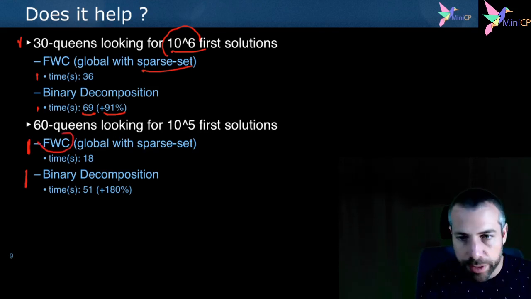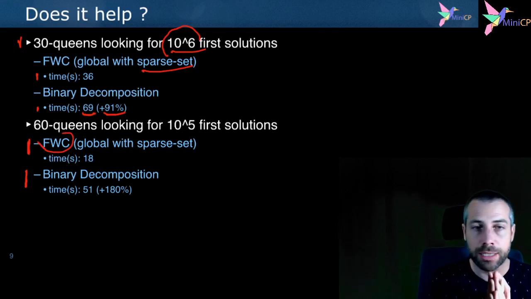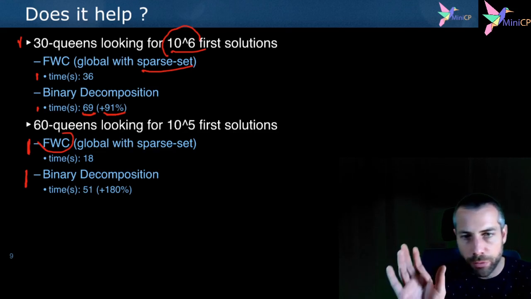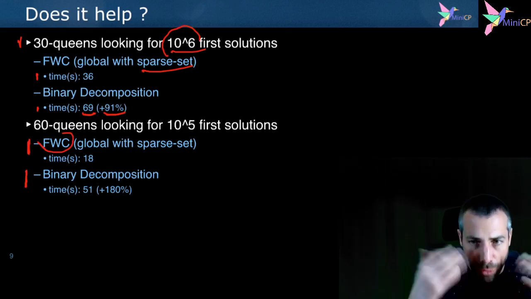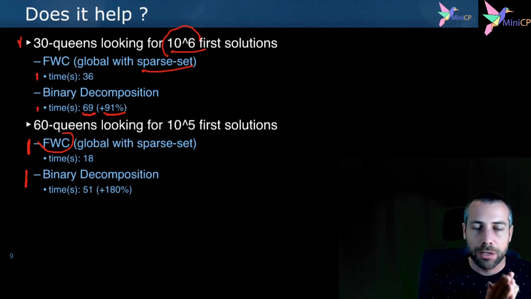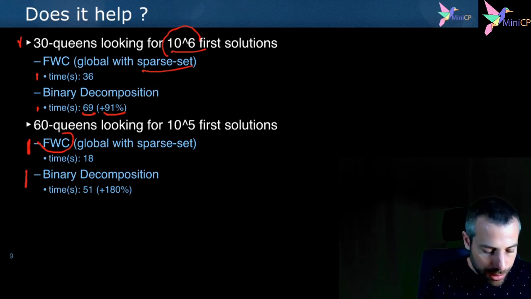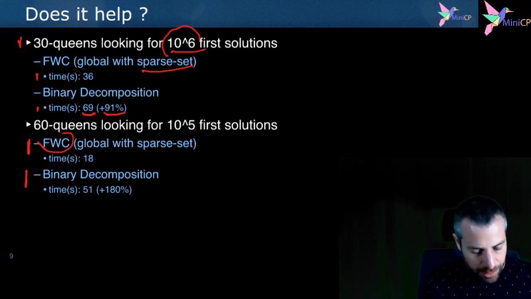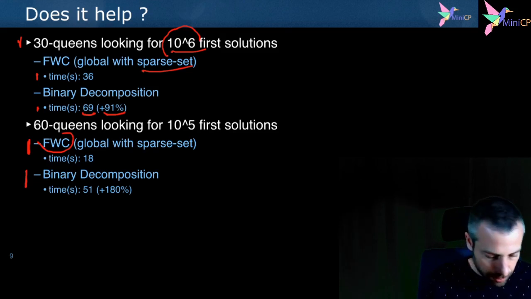Again, we don't have more filtering than with the decomposition, but by considering it globally and splitting the variables between bound and unbound to make it more incremental, instead of scanning all the n variables every time the propagate method is called, the speedup is larger and larger with more variables. And this was expected, of course.